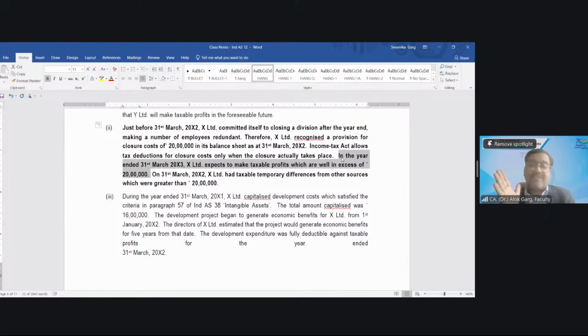It means the deferred tax asset which you have created in the first year on this 20 lakh has a potential of reversal. Are you getting me? So in this case, your deferred tax asset is going to be recorded for rupees 4 lakh, right?